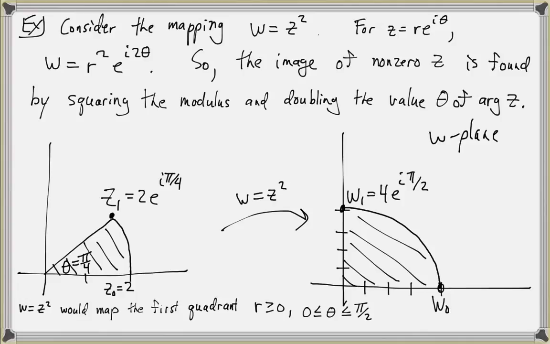You take this first quadrant in the z-plane and it would map it onto the whole upper half w-plane.